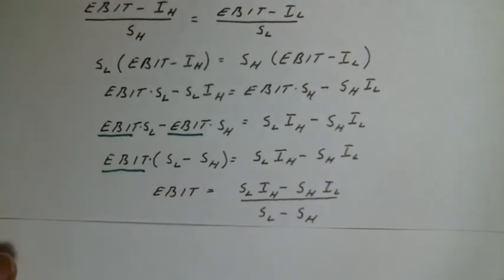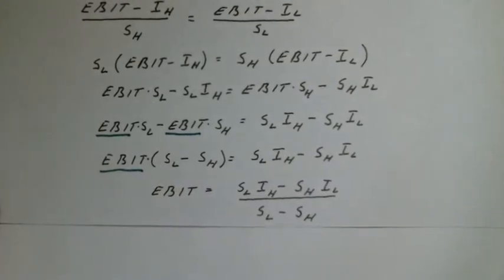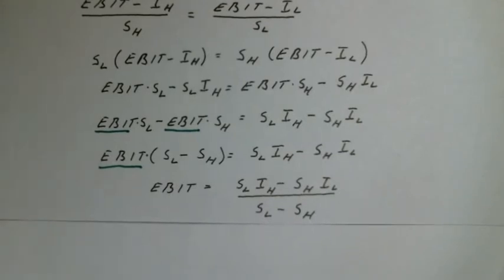And now I have the expression that I want. It may look a little odd, and if it helps, clearly write it as shares of Lowe's times interest expense of Home Depot. But I try to get it as concise as possible.